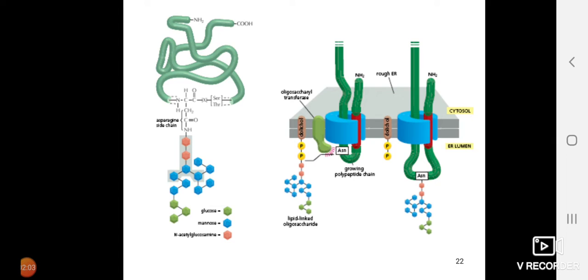The blue one which you are seeing is the translocon, through which the polypeptide chain is going to get moved into the endoplasmic reticulum. There will be addition of sugar to this nascent polypeptide chain, and this addition of sugars is going to begin within the endoplasmic reticulum, and further it gets completed within the Golgi complex.